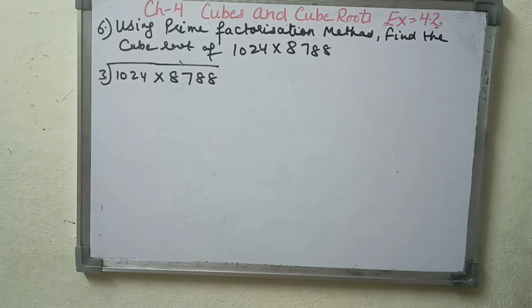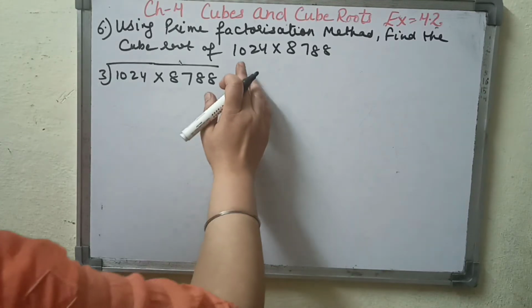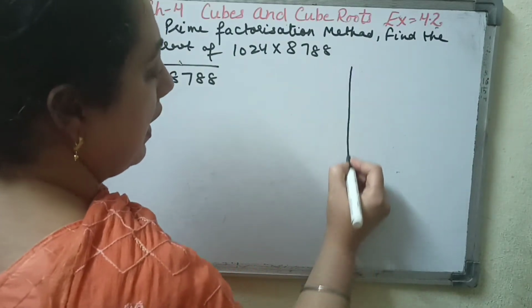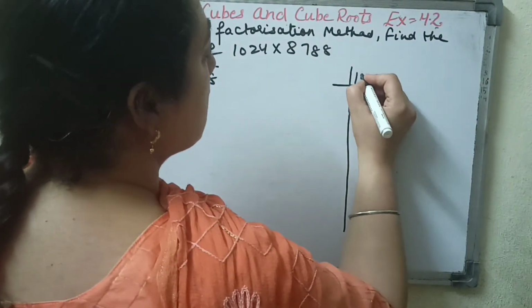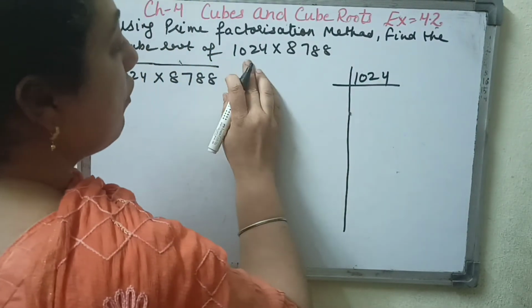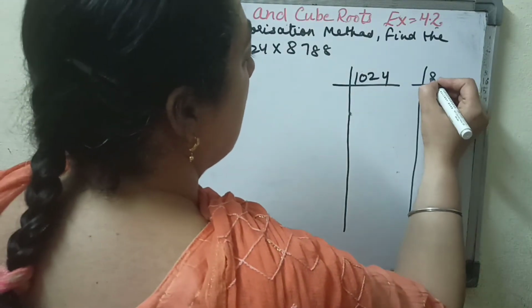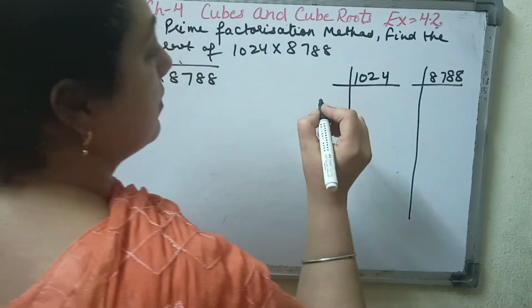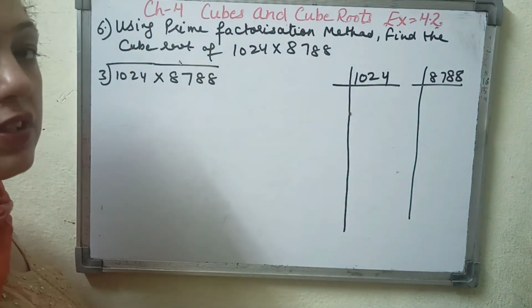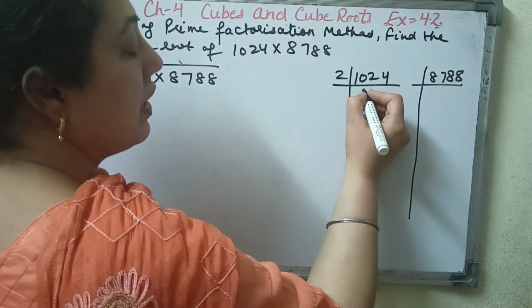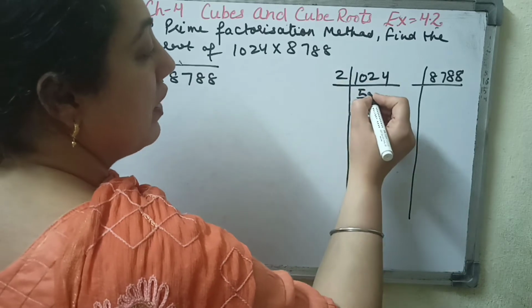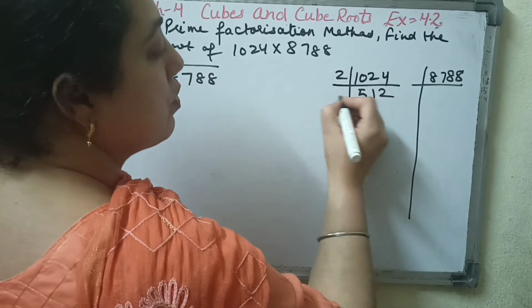Sum number 6: using prime factorization method, find the cube root of 1024 times 8788. For this, first of all I find the factors of 1024 and then 8788. You know it is divisible by the smallest prime number 2. So when I divide it by 2, we will find the quotient: 2 fives are 10, 2 ones are 2, 2 twos are 4.